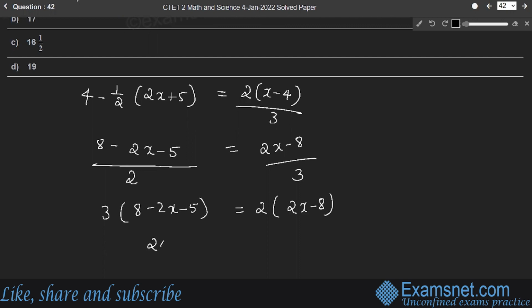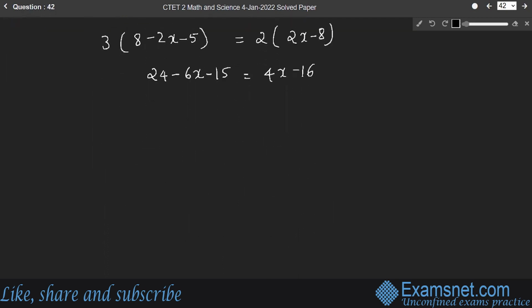Therefore, 24 minus 6x minus 15 is equal to 4x minus 16. So minus 6x minus 4x is equal to minus 16 plus 15 minus 24. Minus 10x is equal to minus 1 minus 24, which is minus 25. X is equal to 5 by 2.